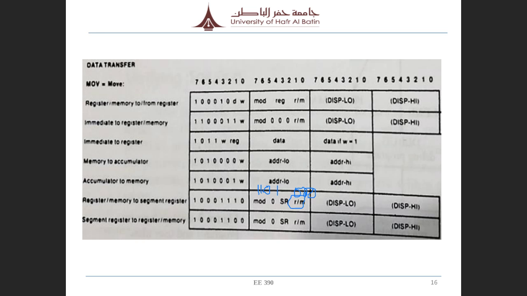For data segment register DS it is 11. Is it okay?